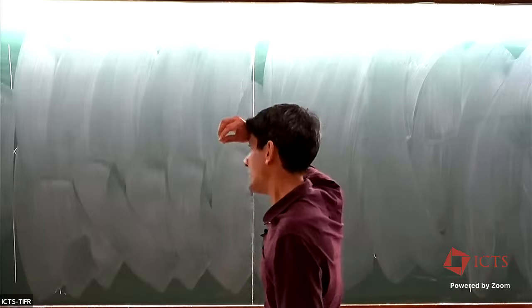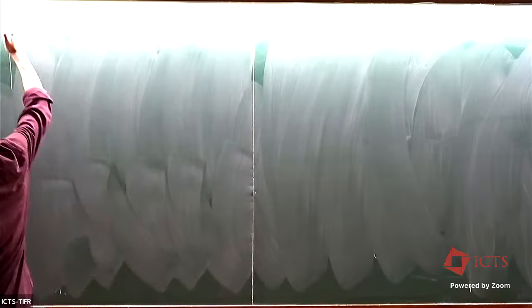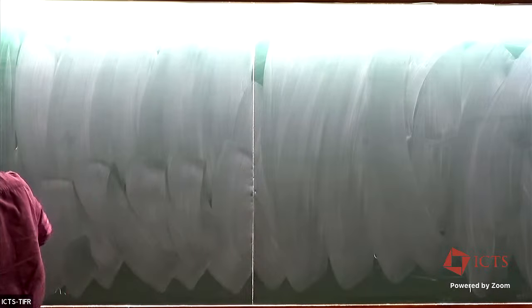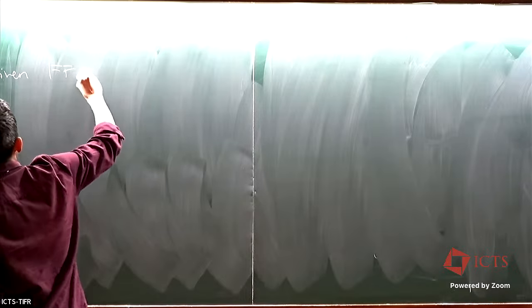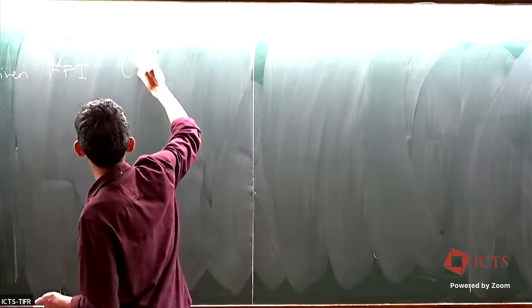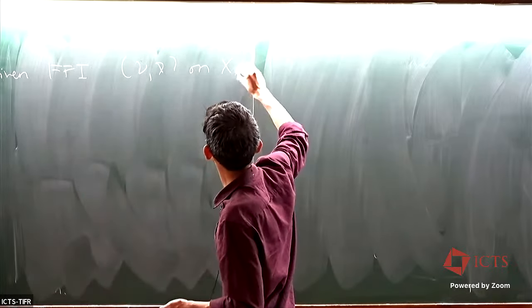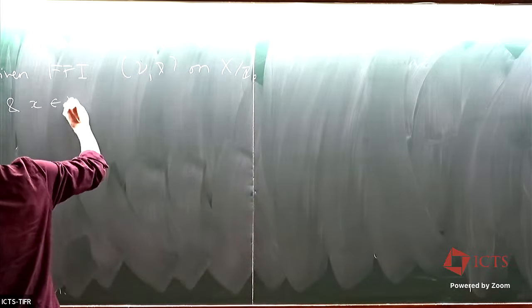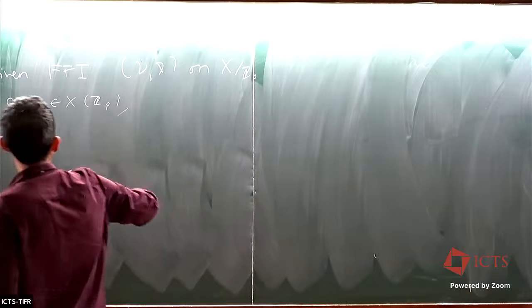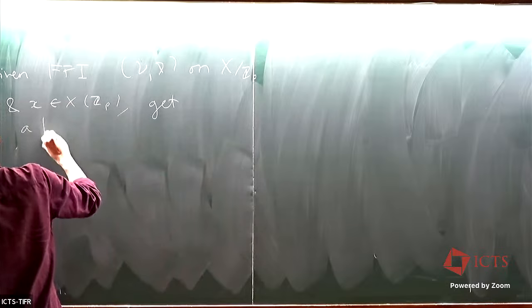Filtered F-isocrystals have lots of nice properties, and one is that you can pull them back. So in particular, given a filtered F-isocrystal, I'll just write it as V with nabla, on X and a Z_p point, we get a filtered phi-module.